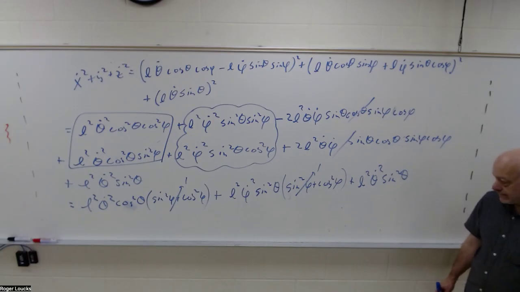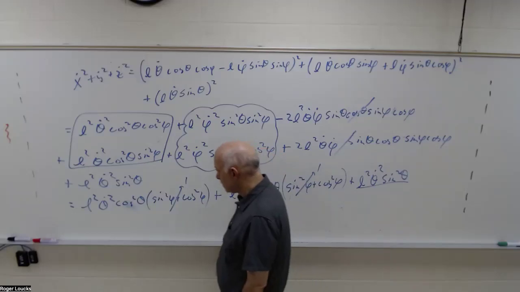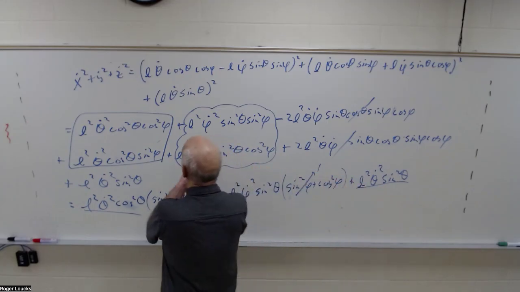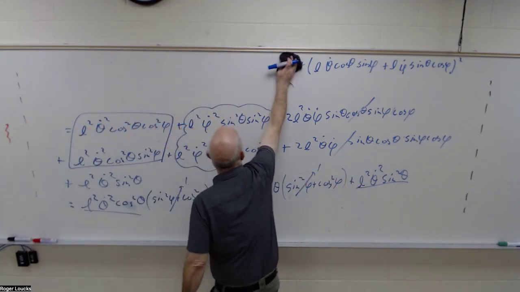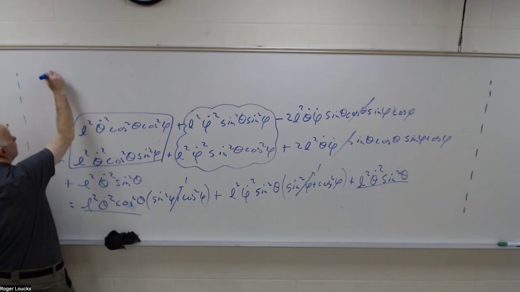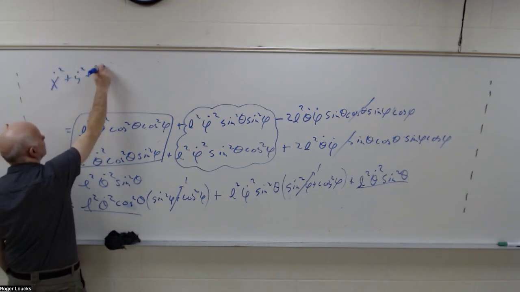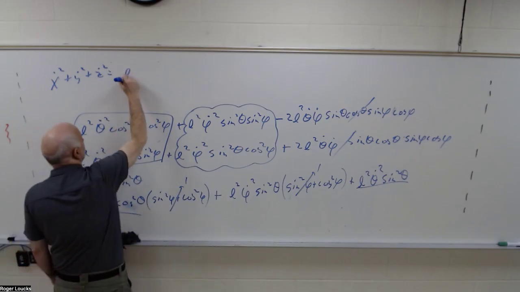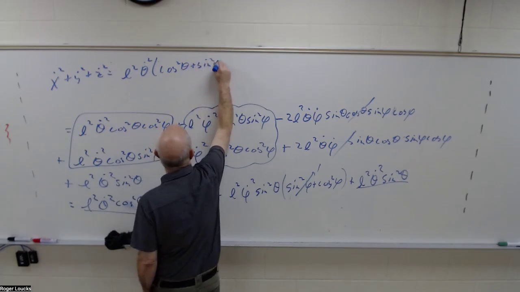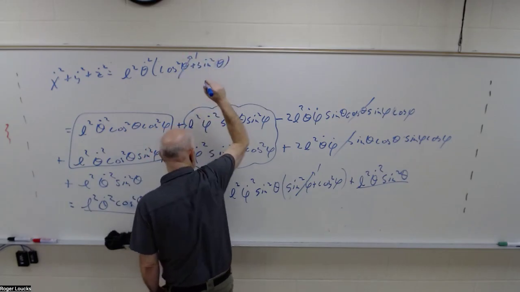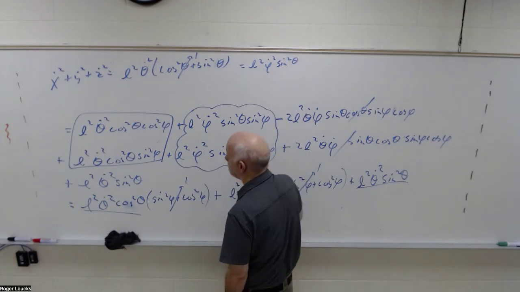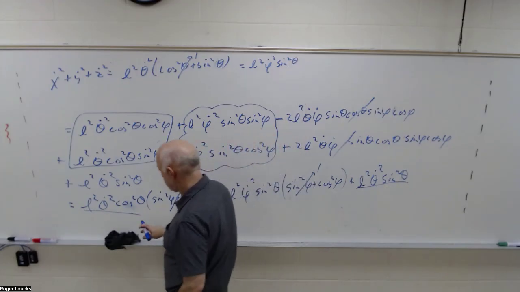Take L squared theta dot squared, combine this term with this term here: cosine squared of theta plus sine squared of theta equals 1. And we have the L squared phi dot squared sine squared theta. So what are we left with?